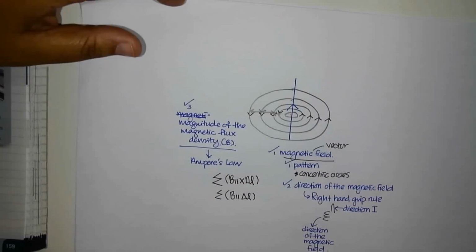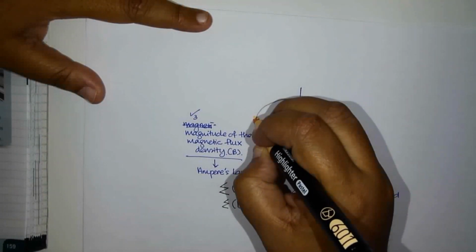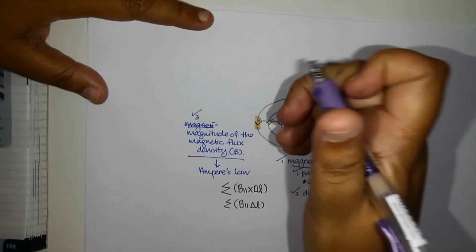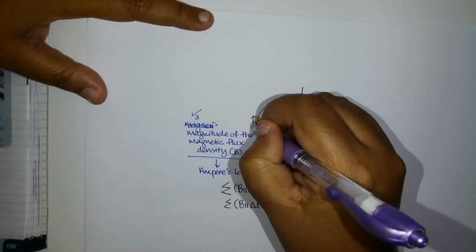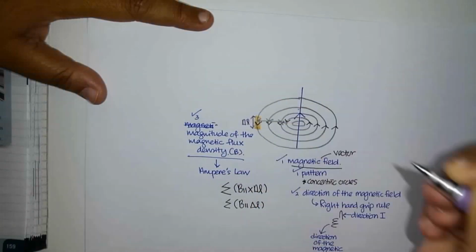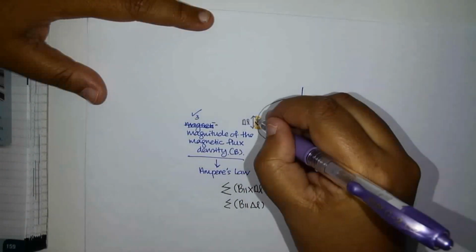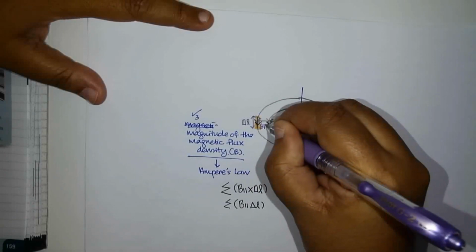That means, class, let's take a small portion of this path here. This is delta L. At this small length delta L, the B is in this direction. B is parallel.